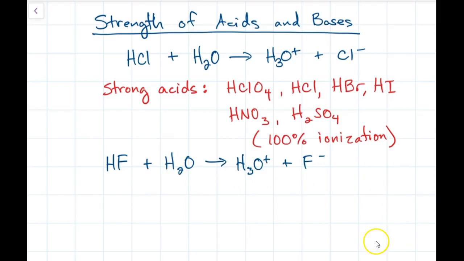But even more importantly, what it also means is, a lot of times when they are successful, when they do collide and transfer a proton over to the water, and you get the hydronium and the fluoride, then the hydronium and the fluoride will collide with each other and transfer a hydrogen back to the fluoride, giving you your reactants all over again.